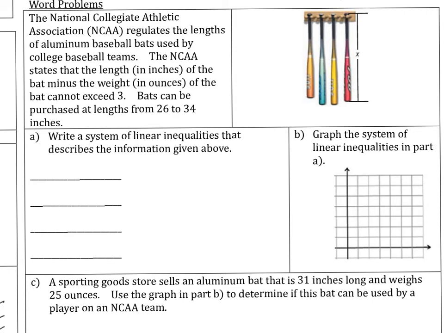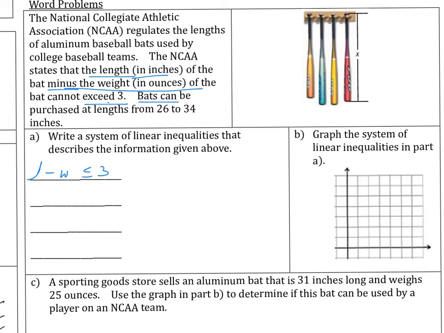The National Collegiate Athletic Association, known as NCAA, regulates the length of aluminum baseball bats used by college baseball teams. The NCAA states that the length in inches of the bat minus the weight of the bat cannot exceed 3. So we could represent that as length minus weight less than or equal to 3.